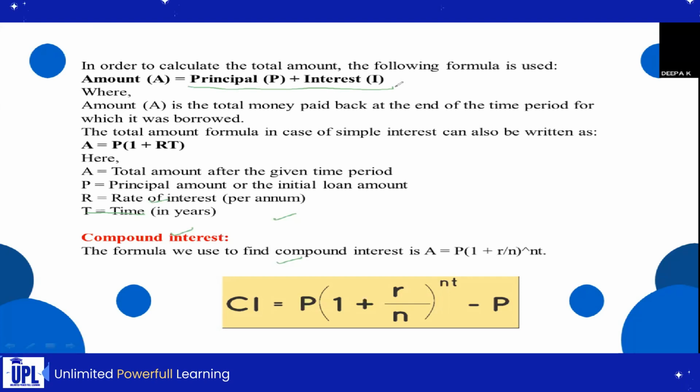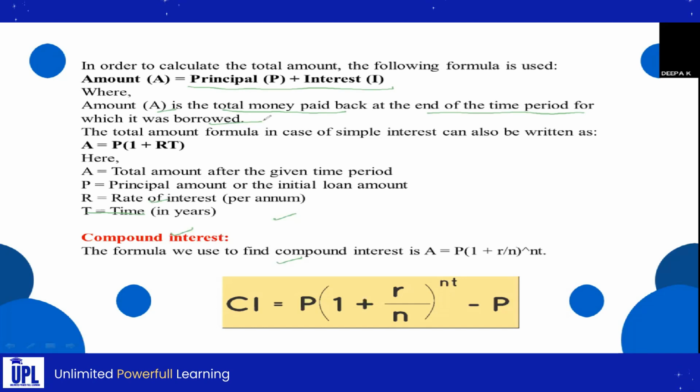A is the amount, equal to principal plus interest, called the amount formula, where amount A is the total money paid back at the end of the time period for which it was borrowed.